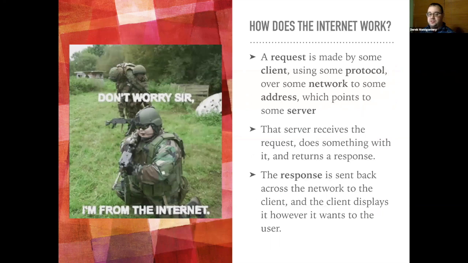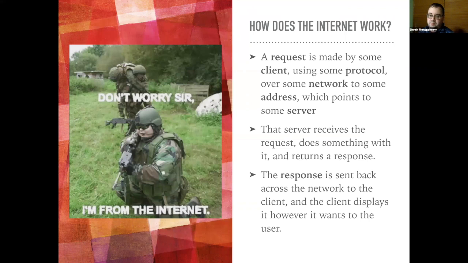With everything we just learned, that was a whole lot I just threw at you. This is what it boils down to. A request is just, I'm asking for this information, I'm asking for this website.